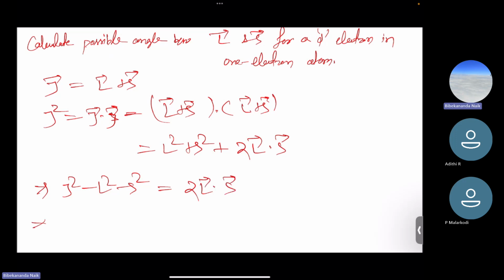This is nothing but 2 L S cos of the angle between the L vector and S vector.